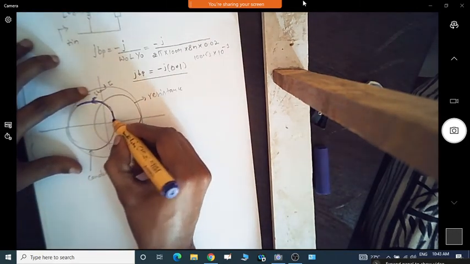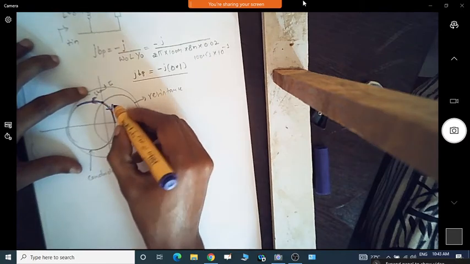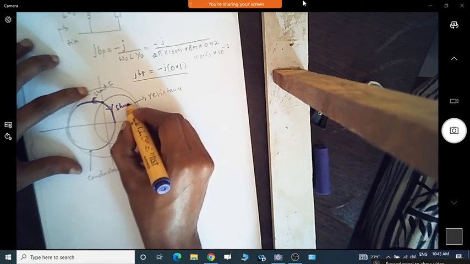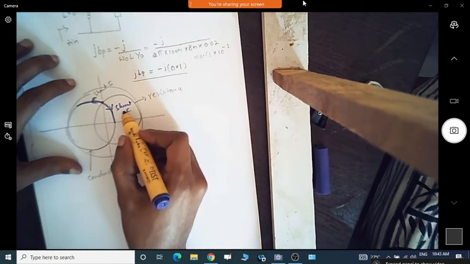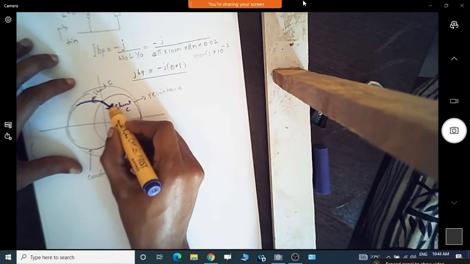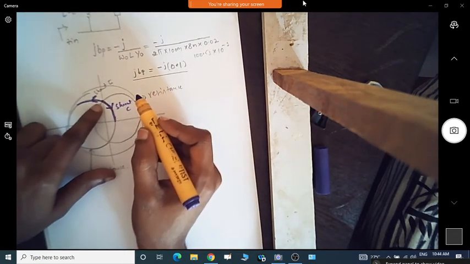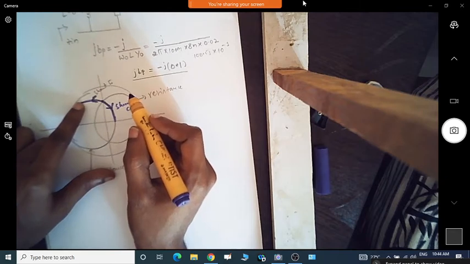And similarly, if we have shunt C, you have to move on the conductance circle downwards always. So on the conductance circle upwards, that is shunt L.